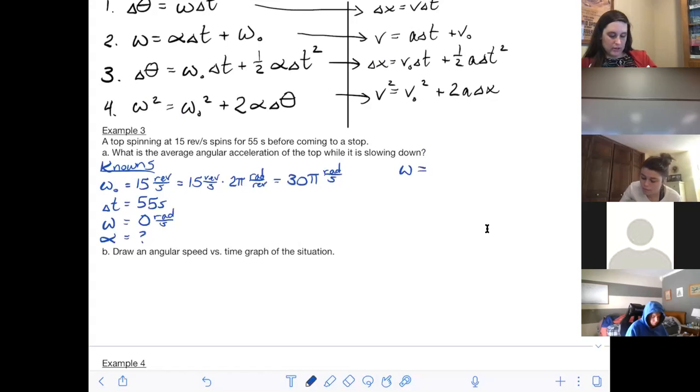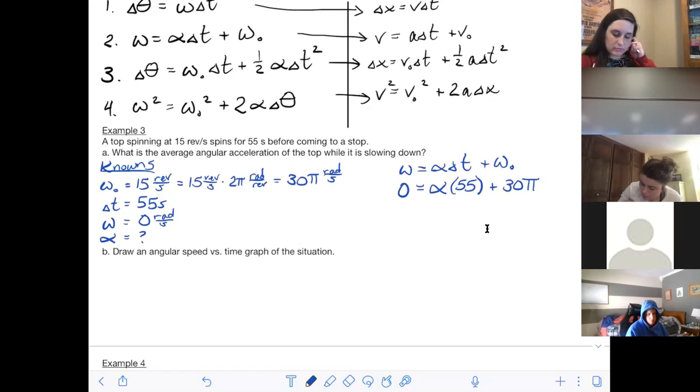Omega equals alpha delta t plus omega naught. And so I can put in 0 as my final angular velocity. I can rewrite alpha because that is my unknown. Put in 55 as my time. Put in 30 pi as my initial angular velocity. And from there, it's all algebra, baby.